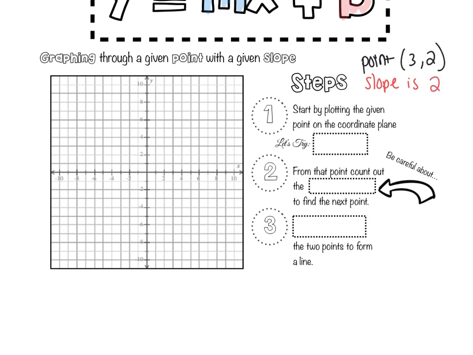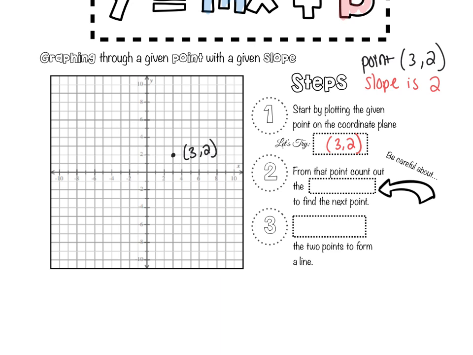So they give you the point and they give you the slope and they're asking you to draw a line from there. So your first step is to start by plotting the given point on the coordinate plane. So the given point that they give us is (3, 2). So I'm going to start by plotting (3, 2) on my coordinate plane. So (3, 2) is right here from my plotting points. So I have plotted the point (3, 2).